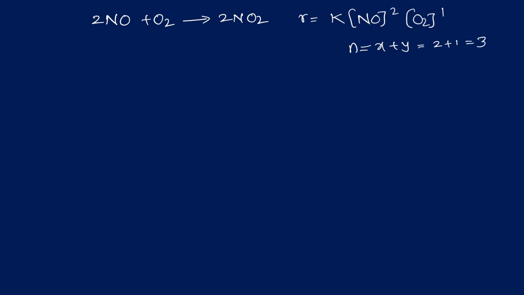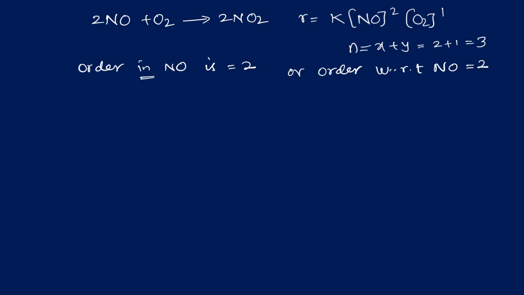So this can be explained as order in NO is equal to 2. Otherwise, this is called order with respect to NO, that equals 2. So in words it may be used as with respect to, or like this.